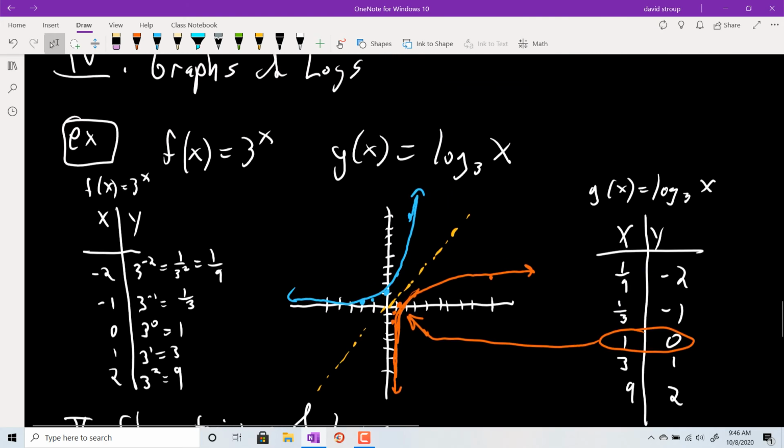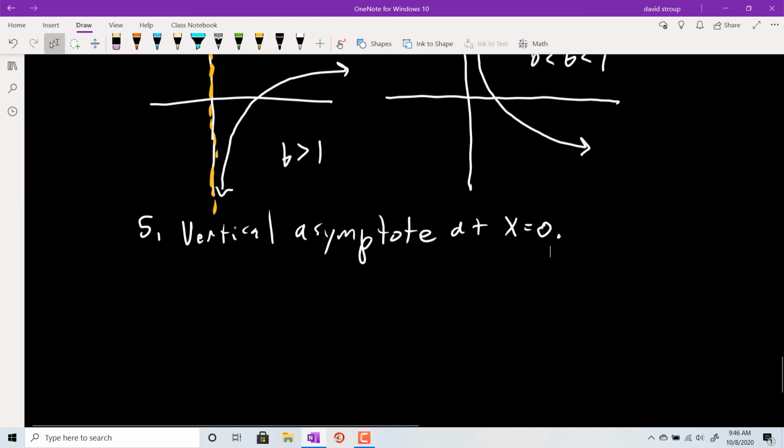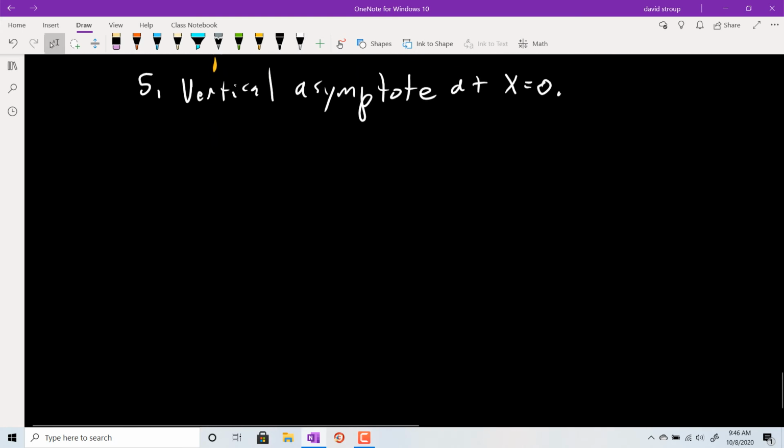Okay, so graphing, one thing you could do is just a table of values and then do a rotation. Another thing you could do is use the translations. Once you know the basic characteristics of the logarithm, you can graph by just doing shifts by translations.